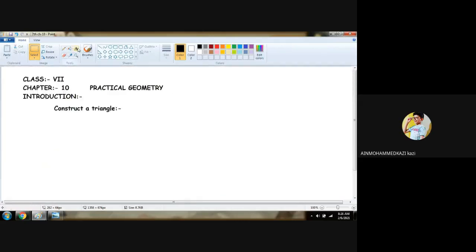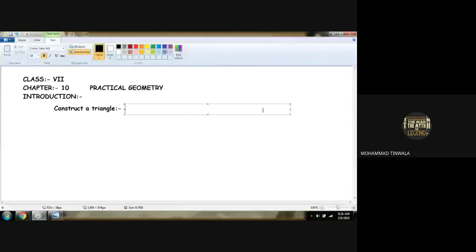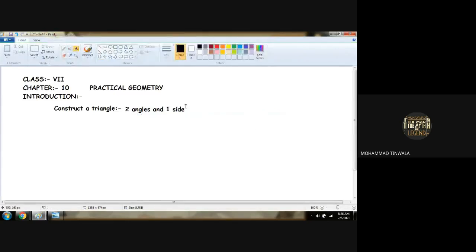Now we have to study 2 angles and 1 side. This is the triangle we have to go through.